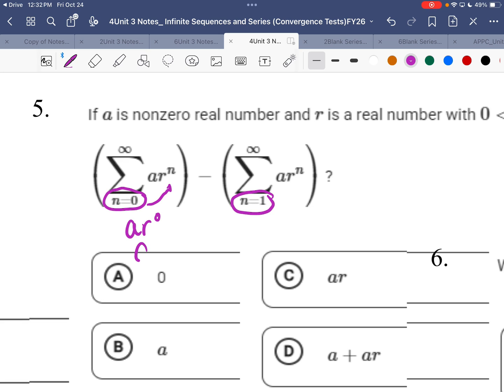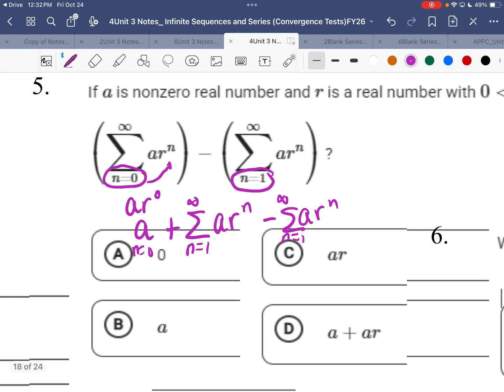So the first term here would be A, and then I'd have plus, starting at 1, A times R to the n. This is an n equals 0 term. I don't think many of you thought to do this because you didn't know this rule, but I think it's worthy of starting to let you know how series work.